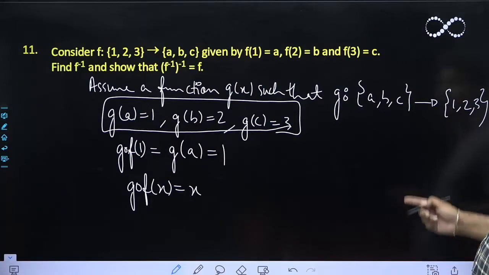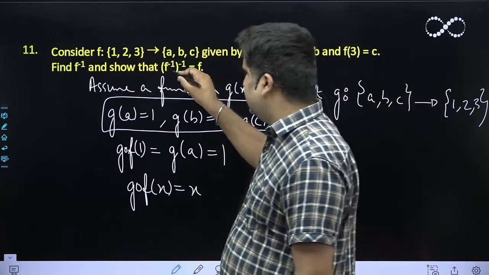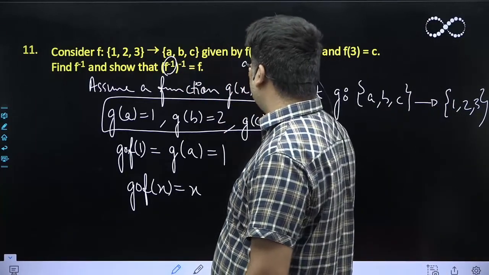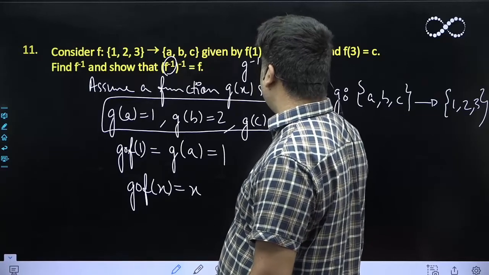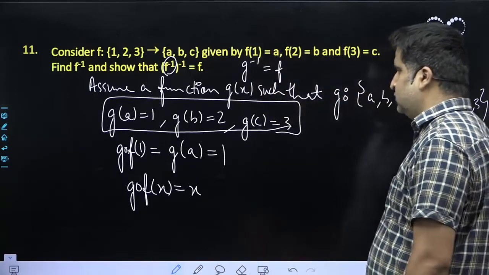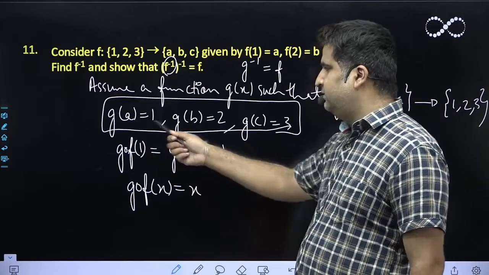Now we have to find the inverse of this inverse function, right? Since if f inverse is g, we have to find g inverse, and we have to prove that this is equal to f. So it's very easy, right? You can easily find the inverse of this.